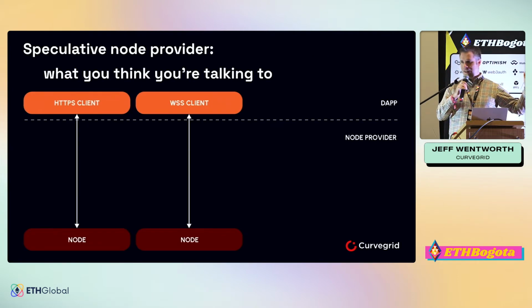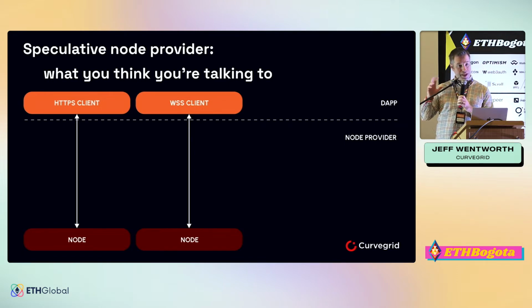This is just a block diagram of how it might look if Jeff, who is not a node provider, was thinking about building it. This is what you think that you may be talking to, because when I'm developing on my laptop, I spin up a local Ethereum dev client, and I'm connecting to it.